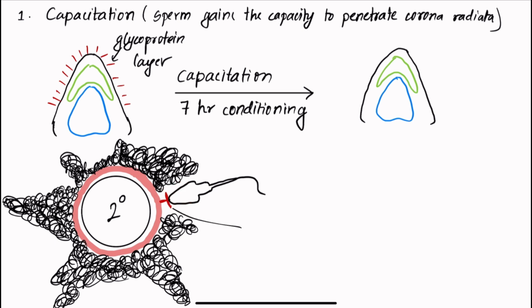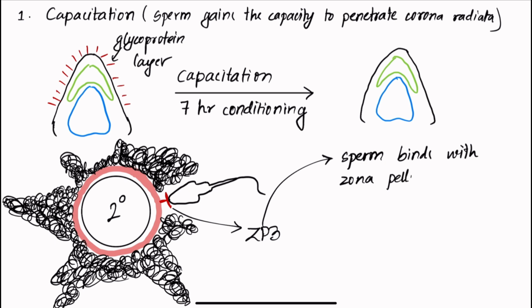And the name of this protein receptor is ZP3 protein receptor. The sperm binds with the zona pellucida. And number two, after the sperm finally gets connected with the ZP3 protein of the zona pellucida, it can undergo acrosomal reaction.